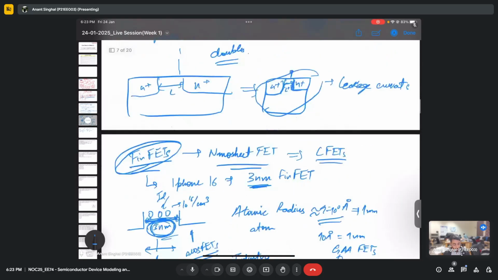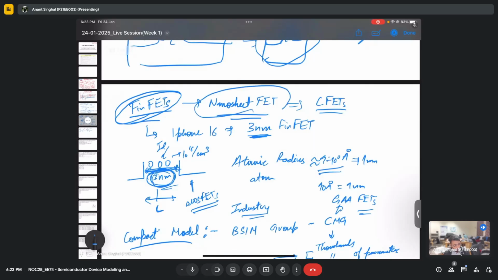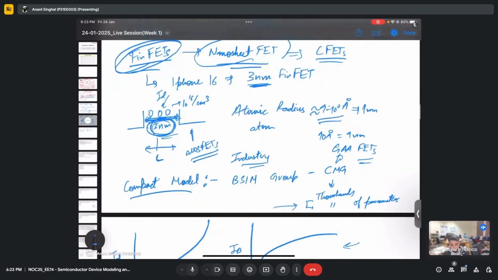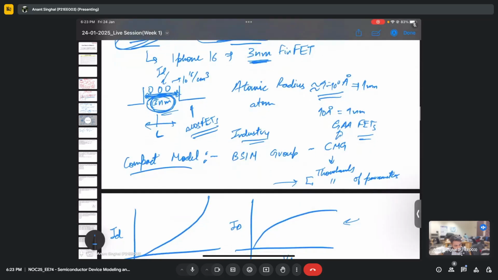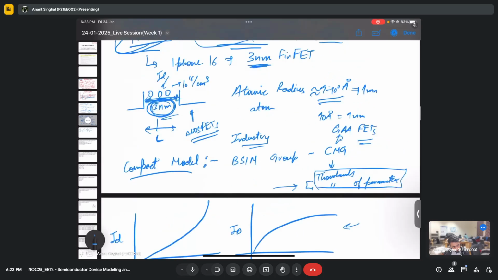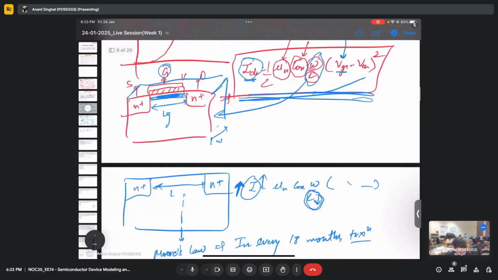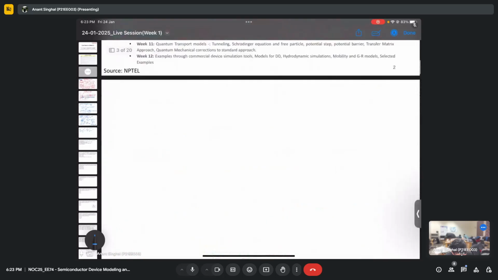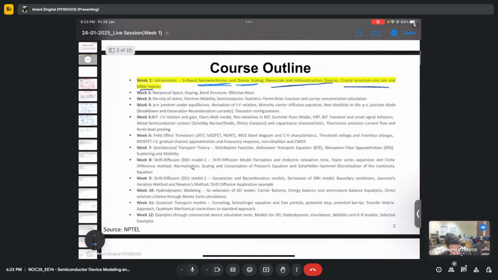But if we go inside certain complex devices, or some different physical mechanisms, then they are very difficult to model. As I said, the current industry standard model has even thousands of parameters or thousands of equations. That is why device scaling has kind of stopped, and people are looking for different materials.